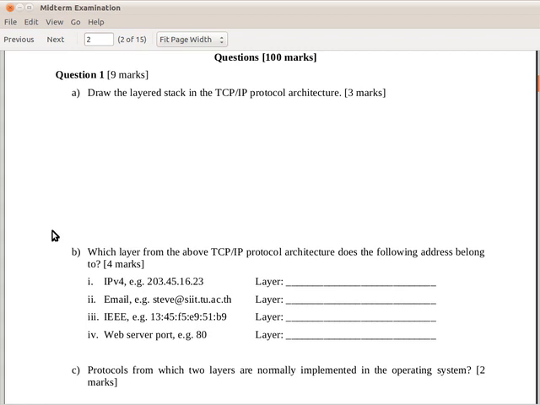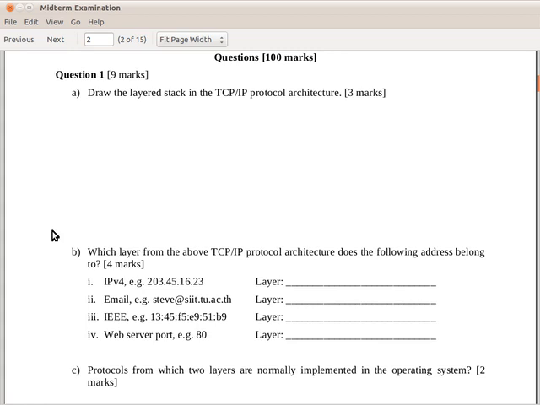Okay, draw the 5-layer stack, or the TCP/IP stack. You need to know those 5 layers. Some relationship between the layer and an address. An IP address, which layer? Network layer. So this is going back to the start of the semester.